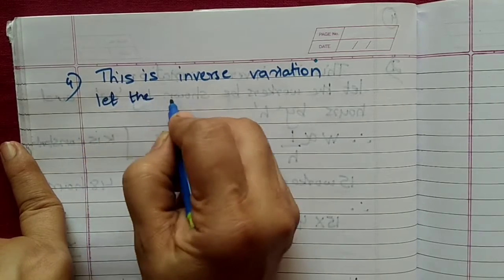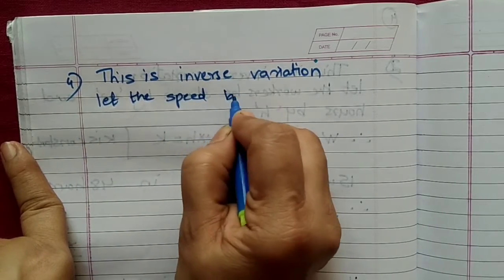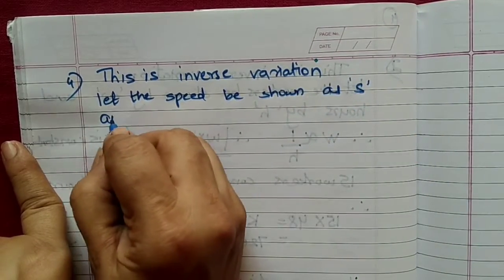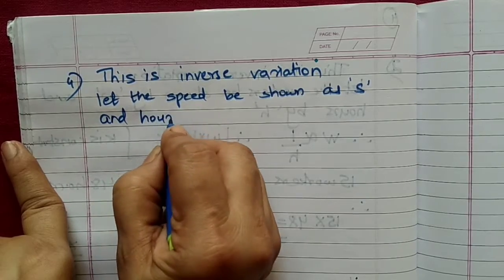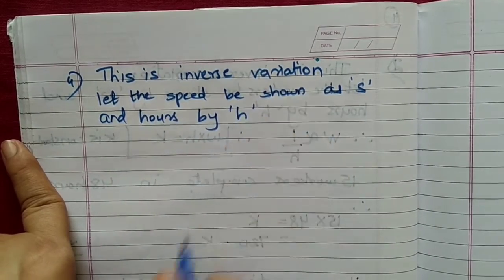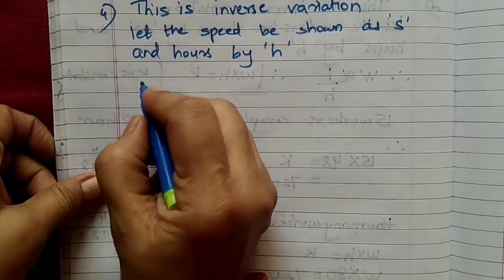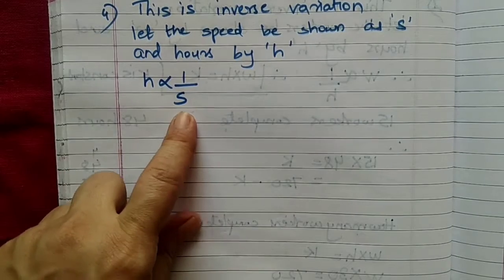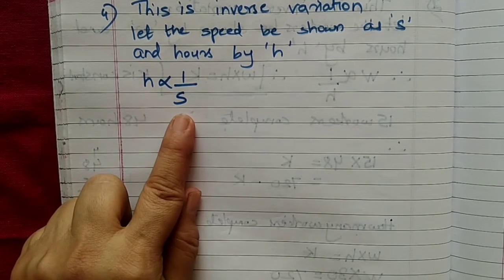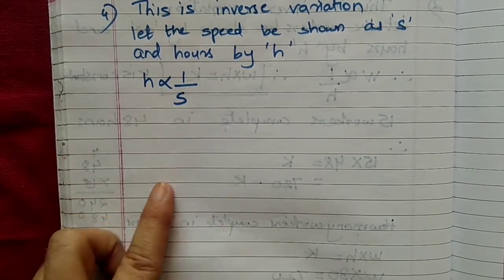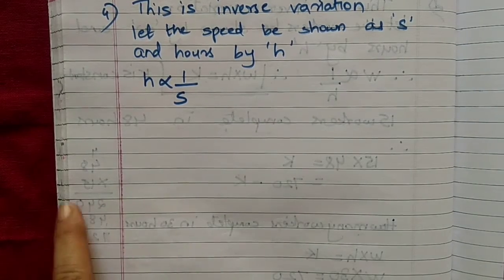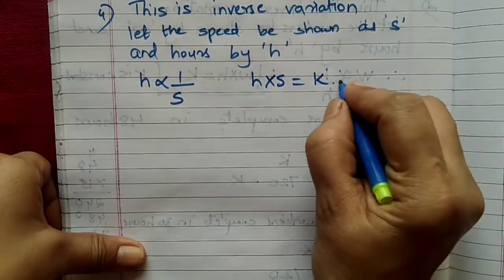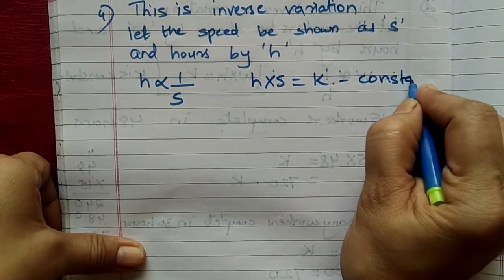Let the speed be shown as S and hours by H. Now we know H is inversely proportional to S. So H into S is equal to K, that is constant. That also you have to mention.